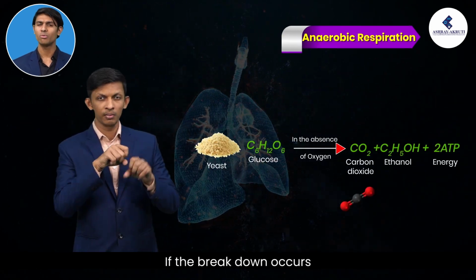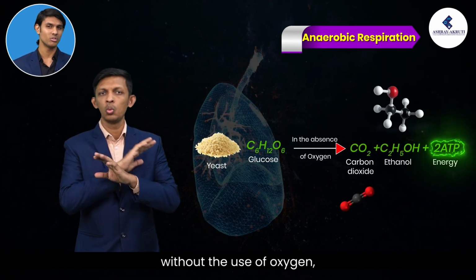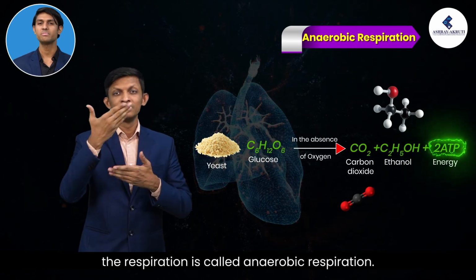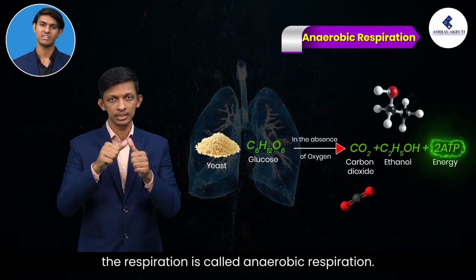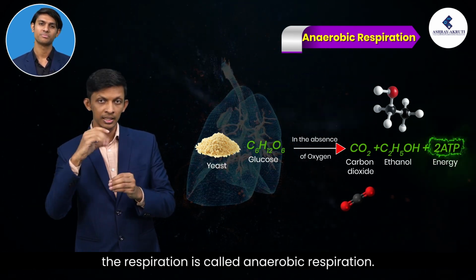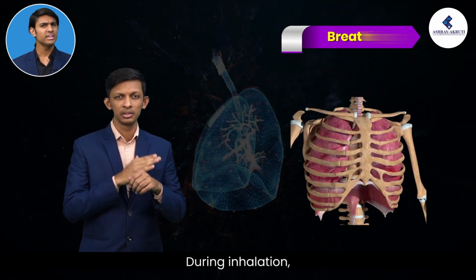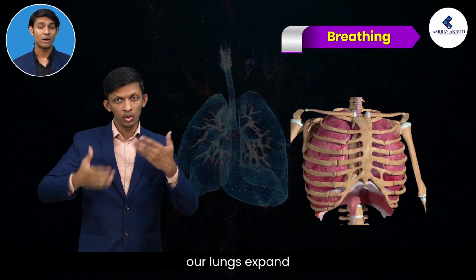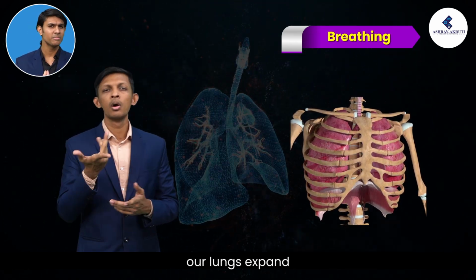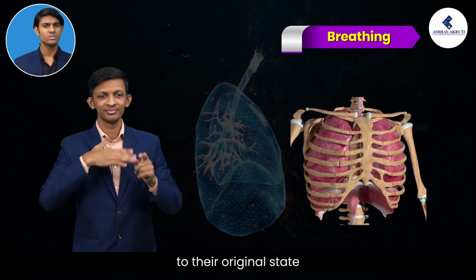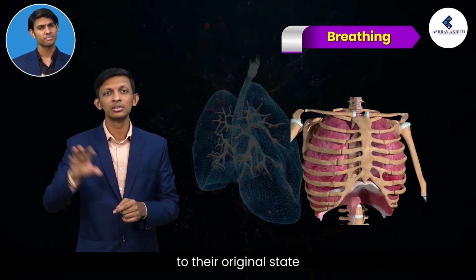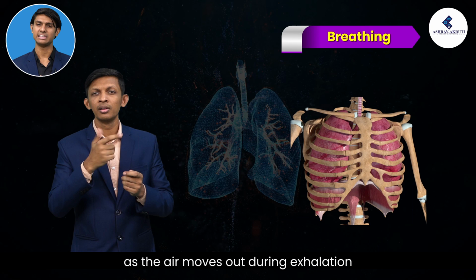If the breakdown occurs without the use of oxygen, the respiration is called anaerobic respiration. During inhalation, our lungs expand and then come back to their original state as the air moves out during exhalation.